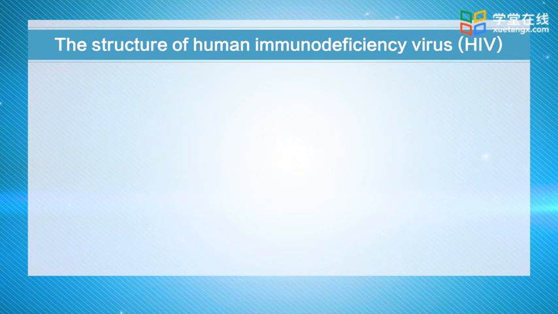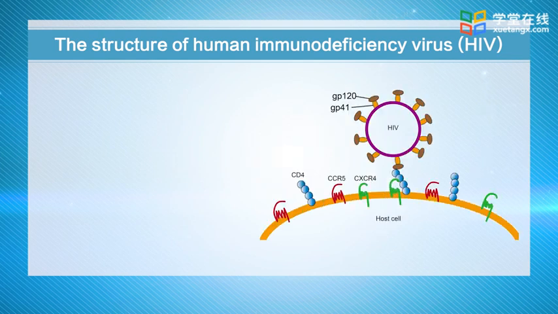The outer shell of the virus is called the envelope, containing spikes of the glycoproteins GP120 and GP41, which allow HIV to lock onto the CD4 receptor and the co-receptor CCR5 or CXCR4 on host cells.